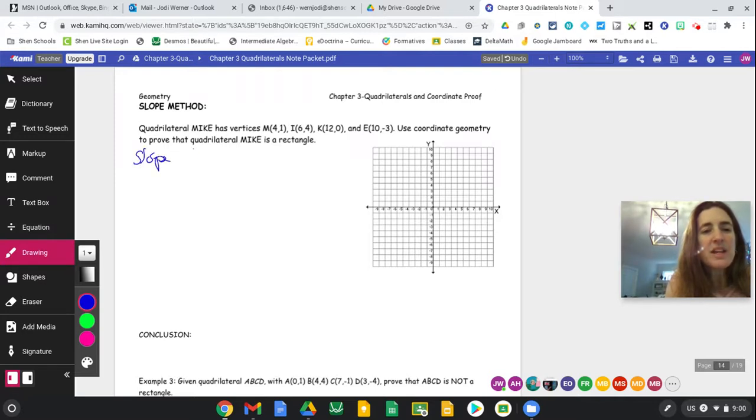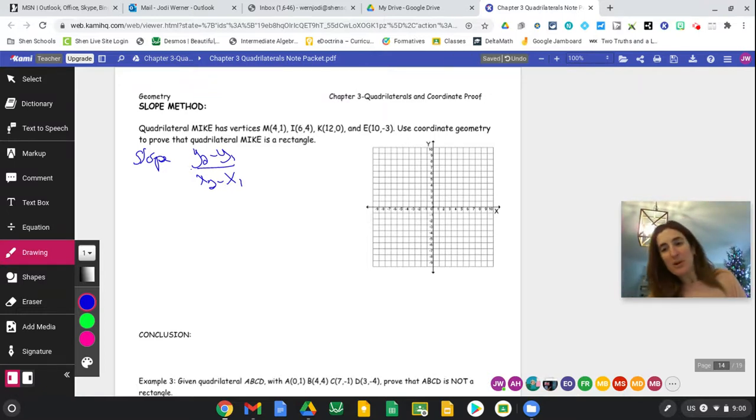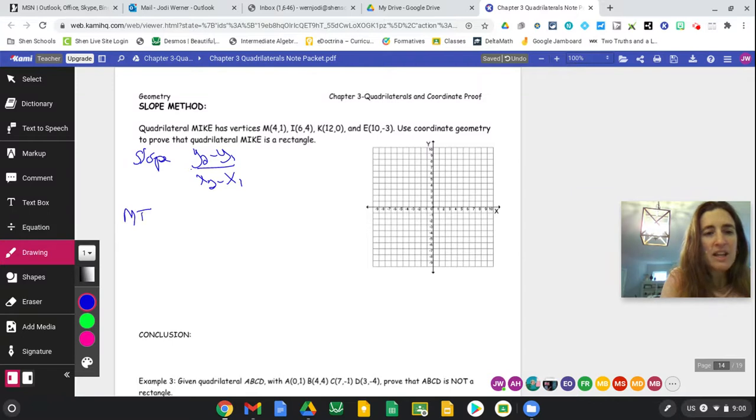So slope is y2 minus y1 over x2 minus x1. And remember, we still have to make it a parallelogram. So if we're using the slope method, our opposite sides are going to be parallel, and they're going to have the same exact slope. So like if I do the slope of MI, which I already did, it comes out to be 3/2.